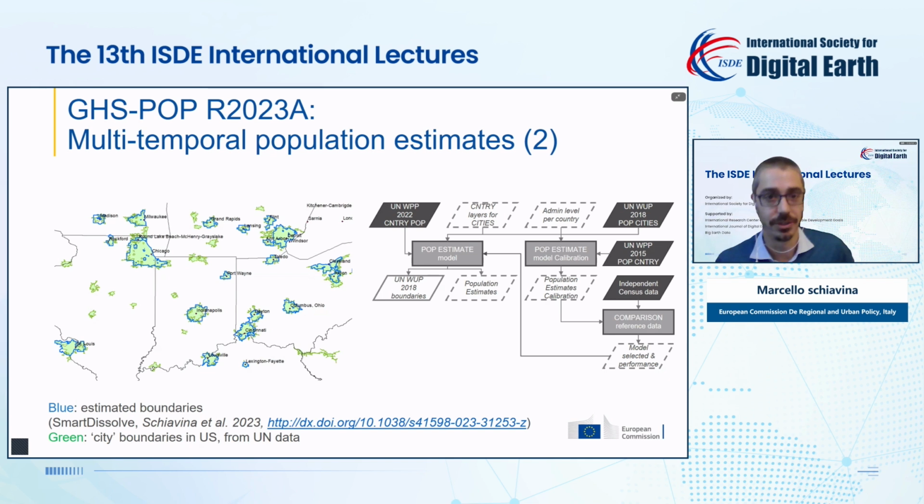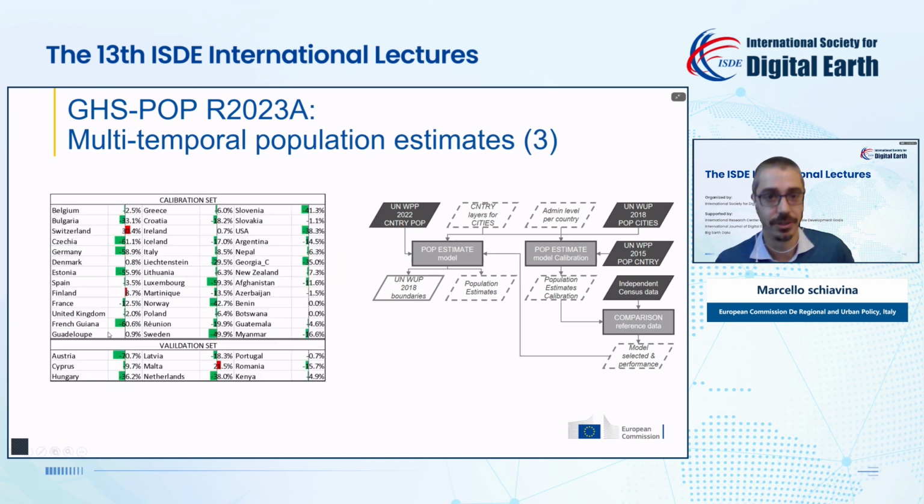WUP stats are reported using changing boundaries, while our approach estimates boundaries in a single time step, and we kept this fixed through the whole 1975-2030 time horizon.